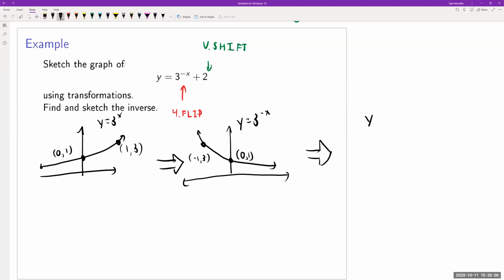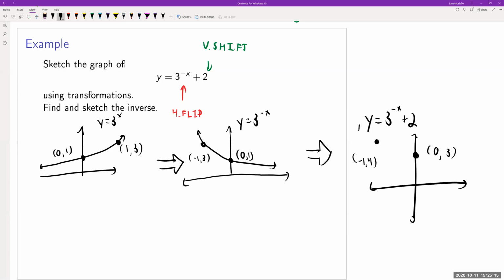And finally, we will apply the vertical shift, moving us upwards by 2. So we will have 0, 3, and -1, 4. If we want to sketch the inverse, all the x and y coordinates will be flipped.